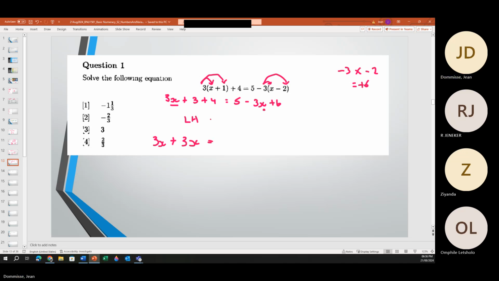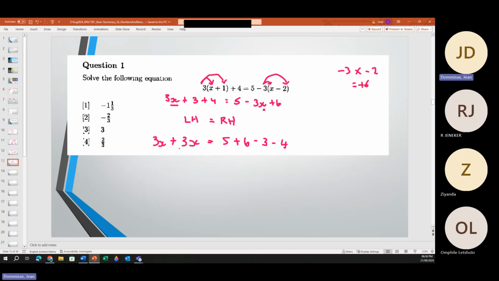And then on the right-hand side, we'll take everything that is just numbers. So on the right-hand side, at the moment, there's the 5 plus 6. But let's also then bring over what's on the left-hand side. So the plus 3 becomes minus 3. And the plus 4, if we move it over to the right-hand side, becomes minus 4.